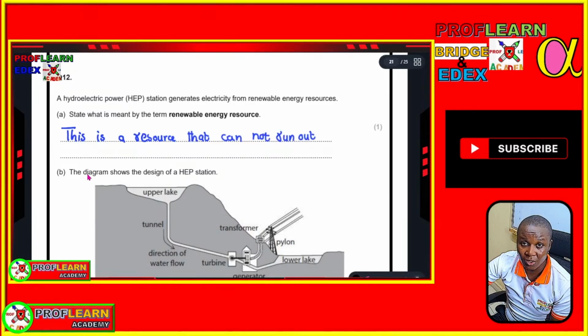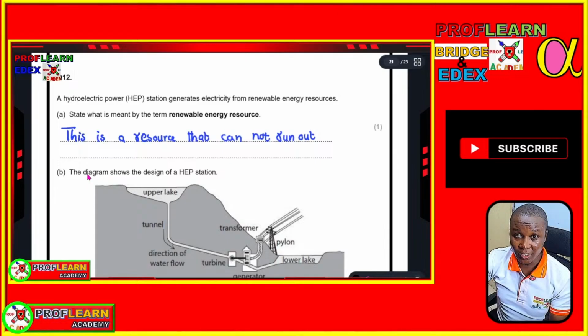You can never finish them. We can talk of solar, wind energy, and geothermal. These are some examples of renewable energy resources. Non-renewable ones are there to be used, right? And you need to understand the advantages and disadvantages of different resources.